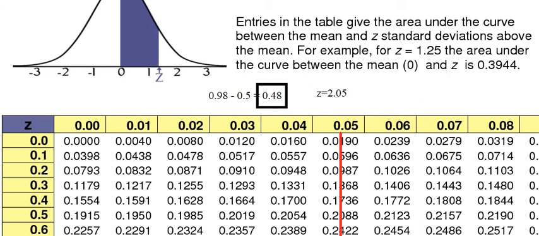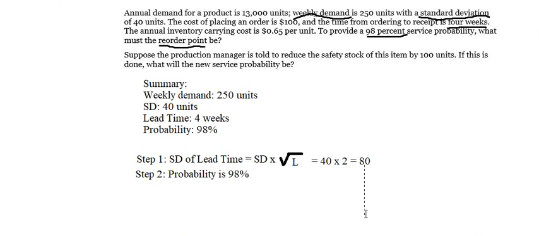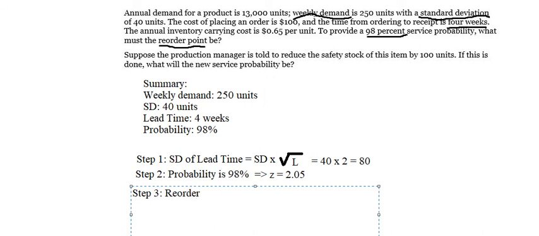In this situation, Z equals 2.05, and this is step number 2. Step number 3, we find the reorder point.